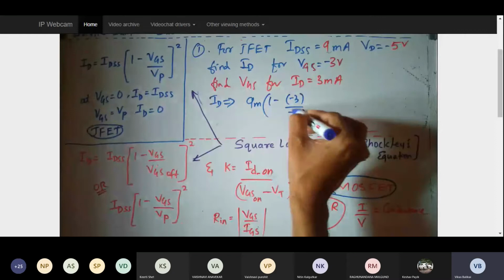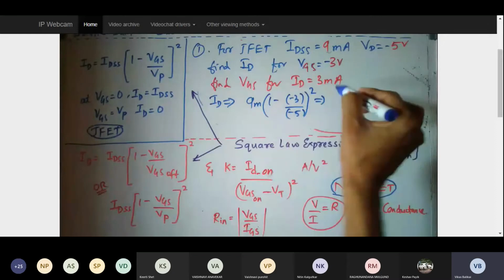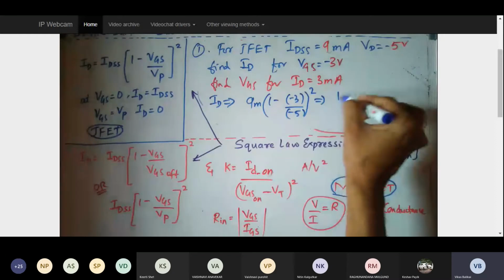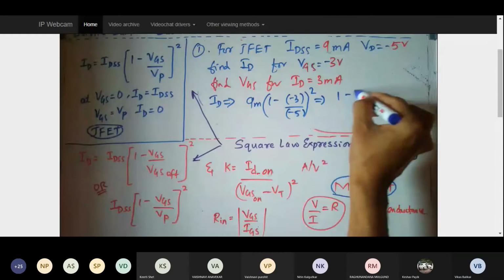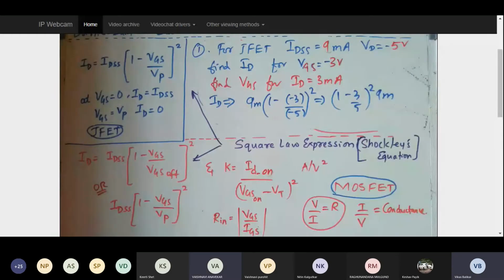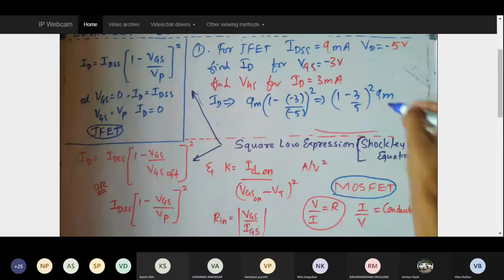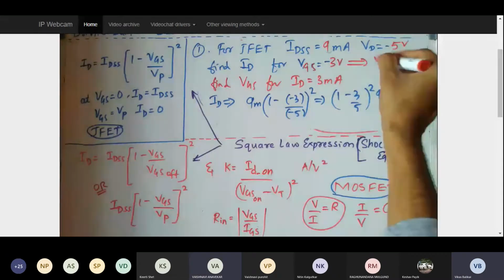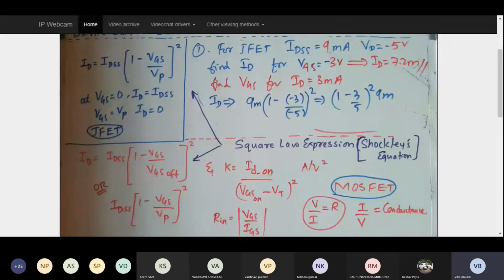So 1 minus 3 by 5 whole square multiplied by 9 milli. 7.2 milliampere. 7.2 milli. Fine, I'll go with your answer. I hope everyone is also getting the same answer.